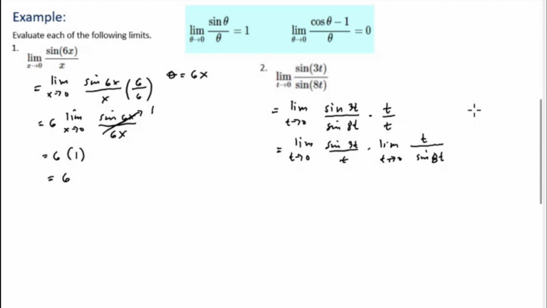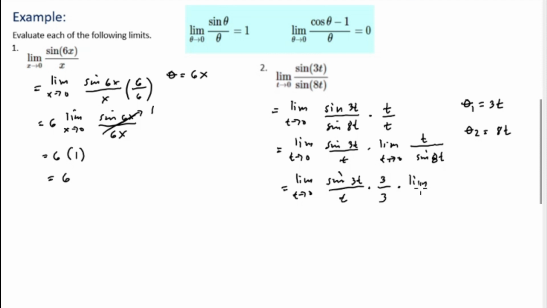And after that, to follow the limit of sine theta over theta equal to 1, we need to identify first the theta 1 for sine 3t. So theta 1 is equal to 3t, and theta 2 for sine 8t is 8t. Then the limit of t approaches 0 of sine 3t over t, we need to multiply by, for theta 1, 3t, and the value is 3 over 3.